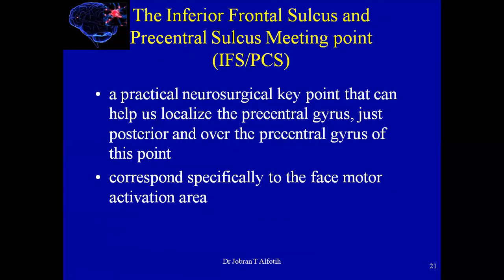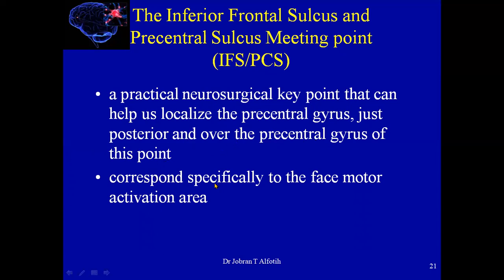Another landmark is the inferior frontal sulcus and precentral sulcus meeting point, IFS and PCS. This is a practical neurosurgical key point that can help us localize the precentral gyrus, because the precentral gyrus lies just posterior to and beneath this point.